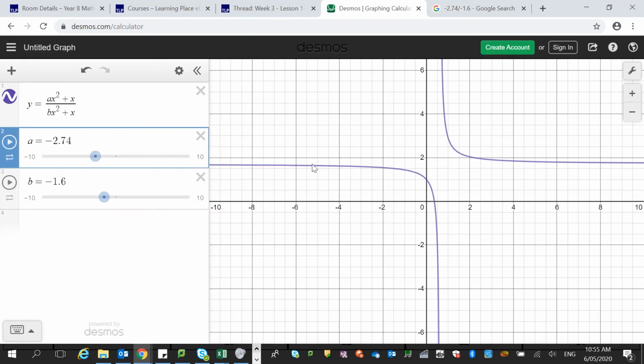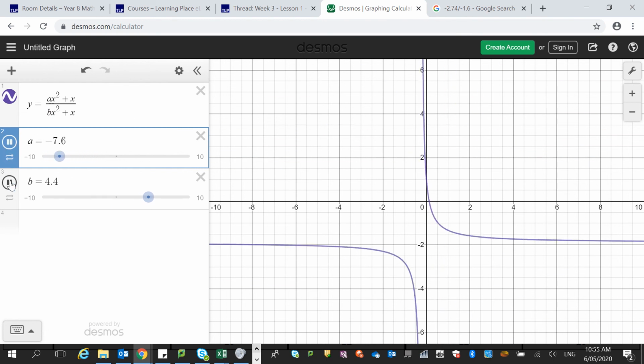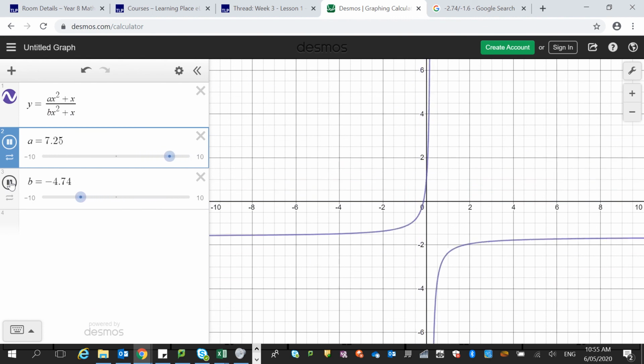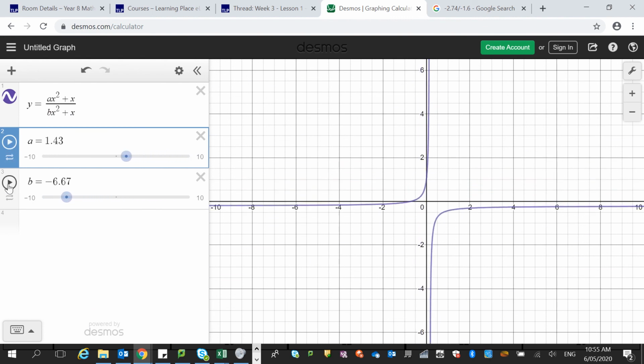Yeah, that looks about right. So we're just looking at A divided by B. You can have a bit of a gander at this and stop at random places. So 1.43 divided by negative 6.67 is going to be around about negative 6-ish, something small like that, and you can see that is kind of what we get.